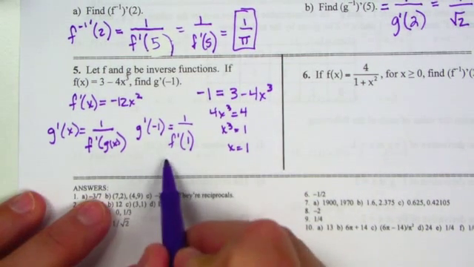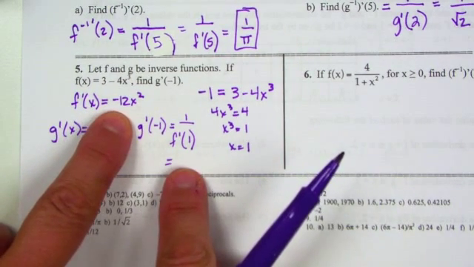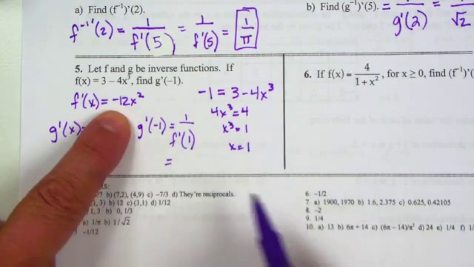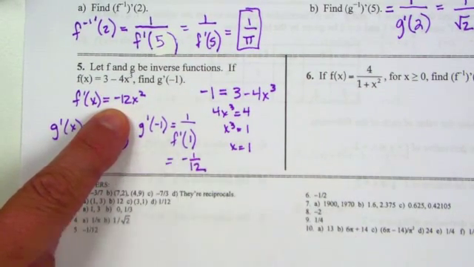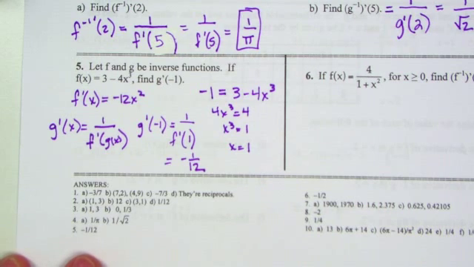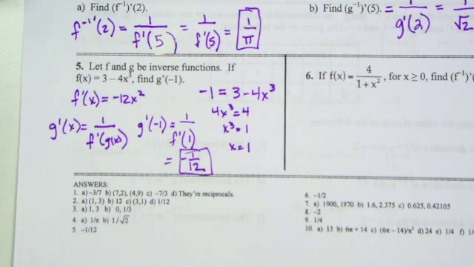Then we have to plug it back in. Right, so there's my F prime of X. So the answer is negative 1/12.